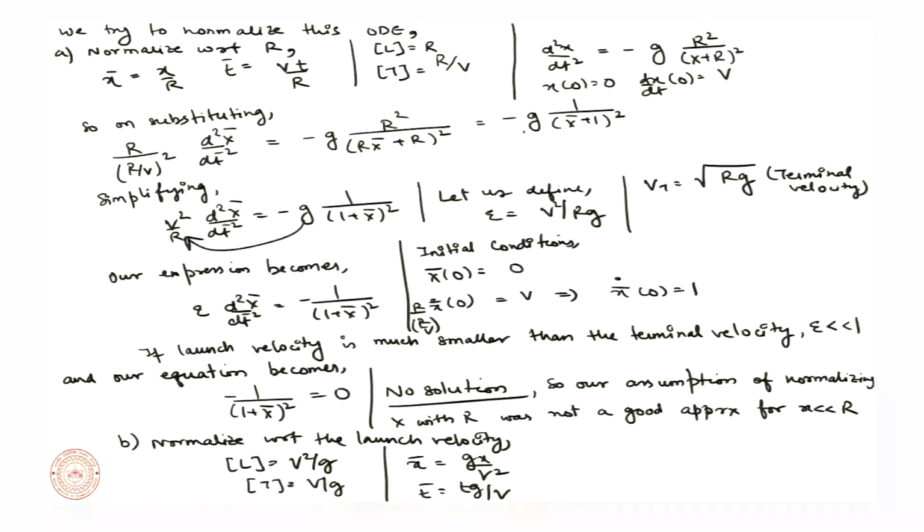Okay. If we substitute these values into our expression, again let us write our expression: d square x by dt square equals to minus g r square over r plus x whole square. Let us substitute these values in here.